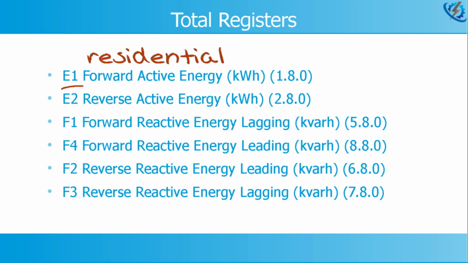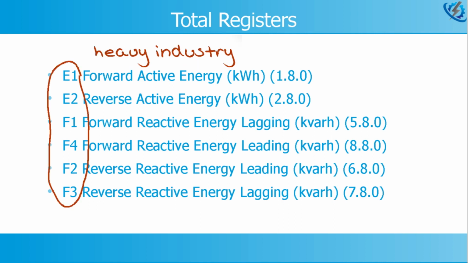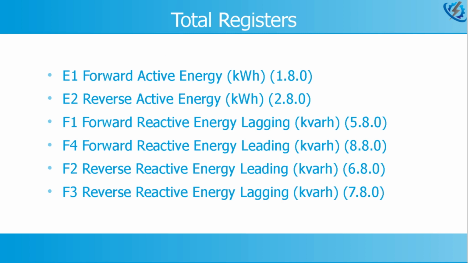Residential meters typically only log E1, and commercial and industrial typically only log E1 and F1. All 6 of these registers are typically only logged in heavy industry. When all 6 of these registers are logged, it is called 4-quadrant metering. There is a standard that tries to formally name all of the different types of registers available. These codes are called OBIS codes.